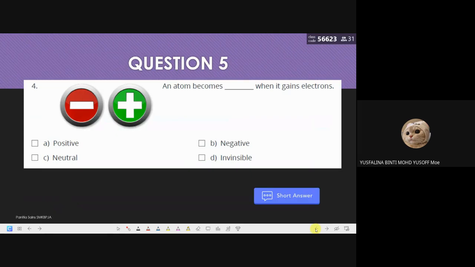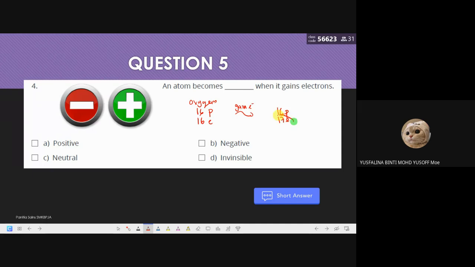All right, so an atom becomes what when it gains electrons? Any atom that receives electrons will have more electrons, so it will have a negative charge. Remember the oxygen example: 16 protons and 16 electrons, the same number, so neutral. After it gains an electron, the electrons are 17 and the protons still 16.